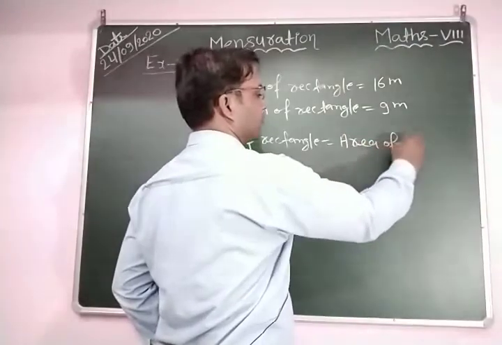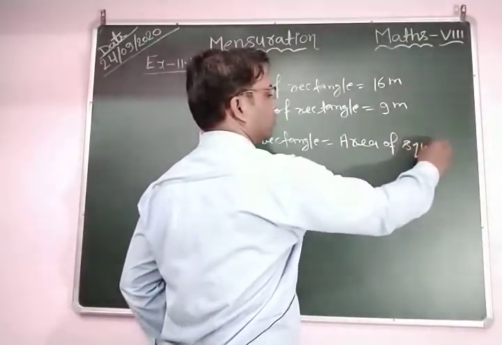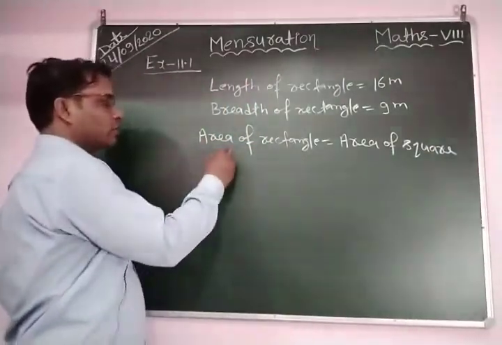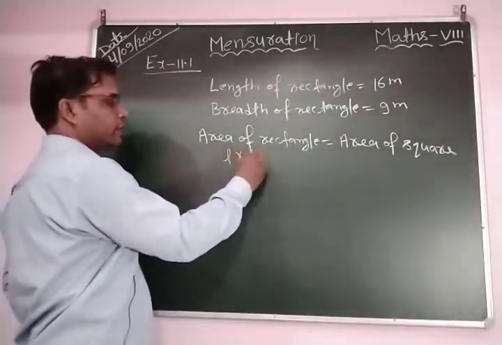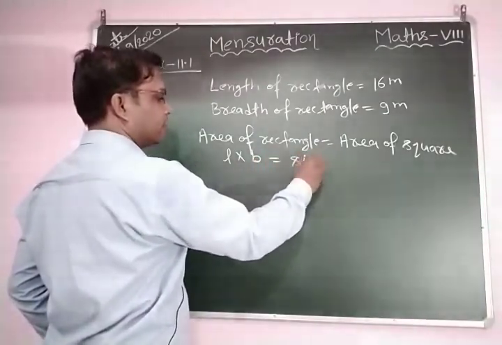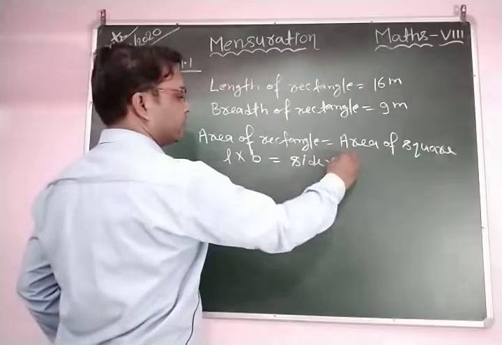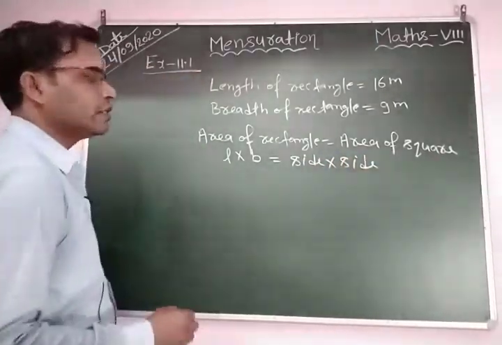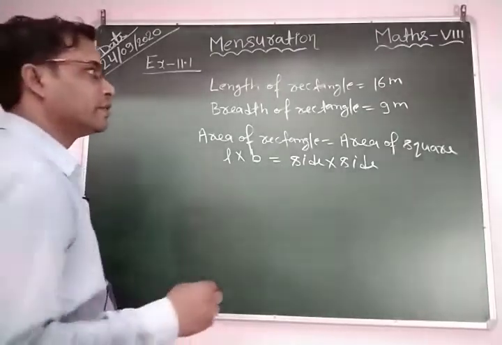the area of square. Okay, so the area of a rectangle is equal to length into breadth, but the area of a square is equal to side into side. You can say side squared. Okay, so the length and the breadth are given. So what is the length?